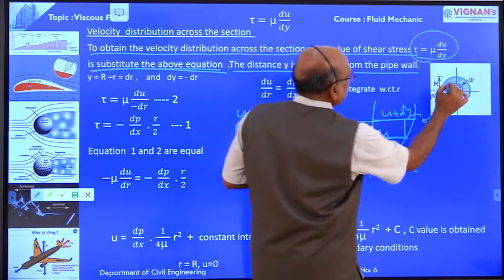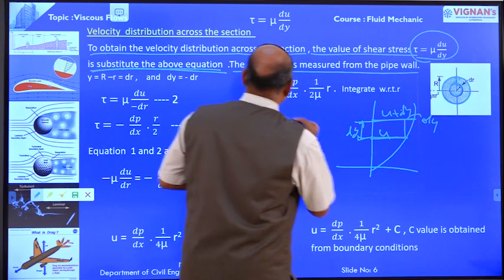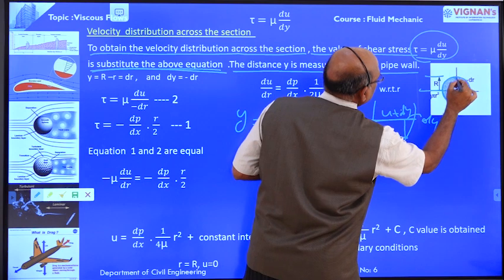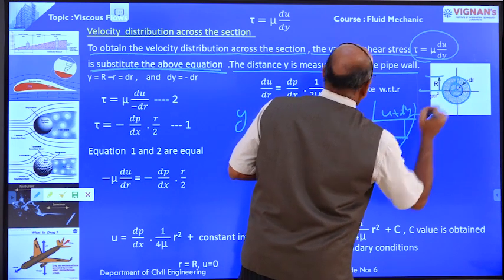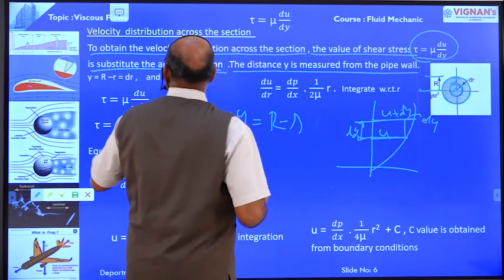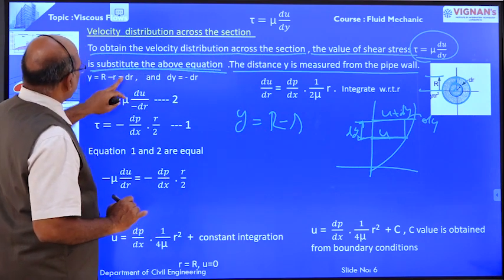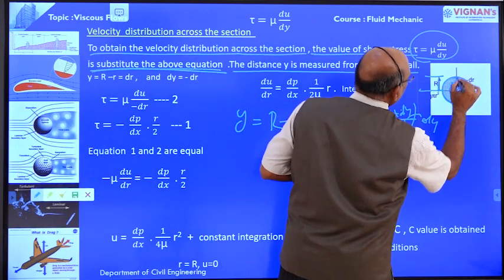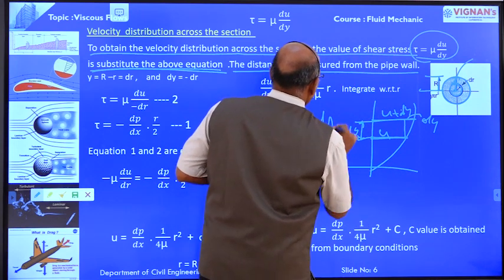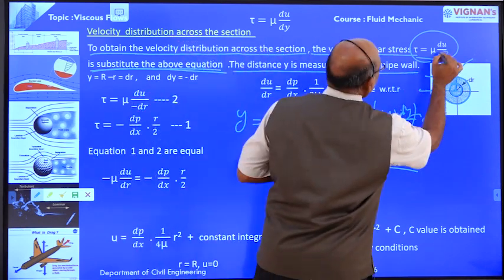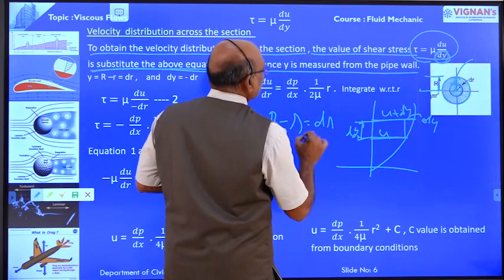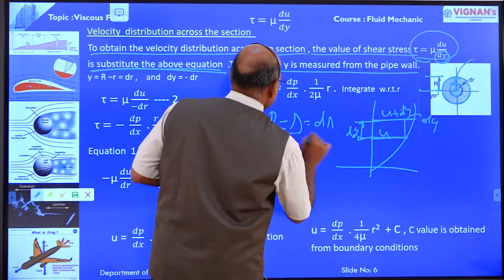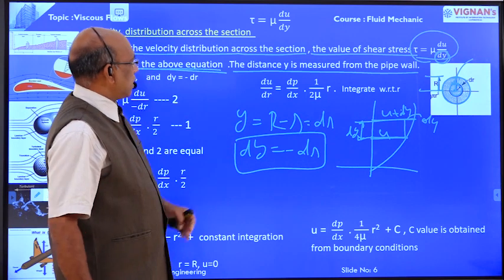Like that, the distance between the two layers is y equal to capital R minus small r, which is equal to this value dr. Here, in place of dy, we are going to take dy equal to minus dr. This is the only point we discussed here, right?